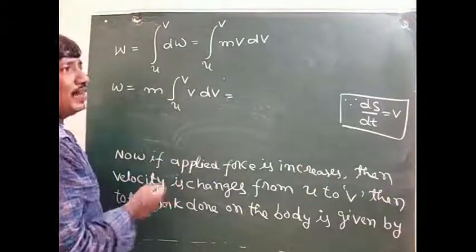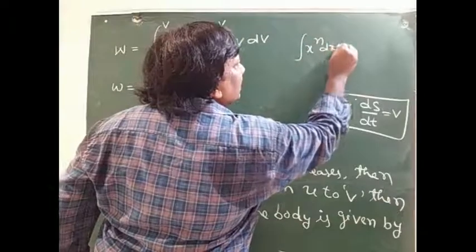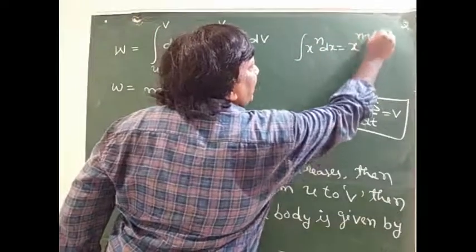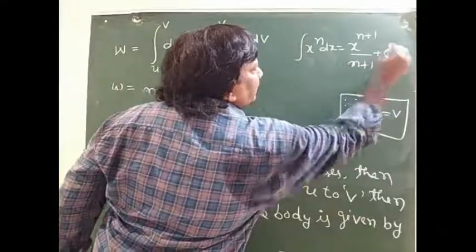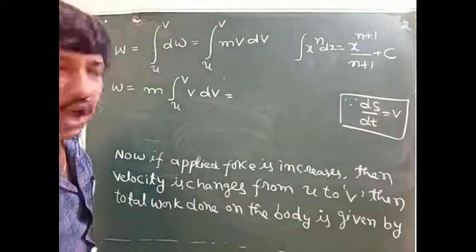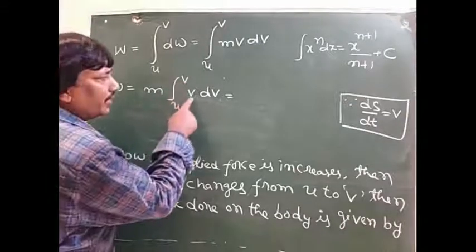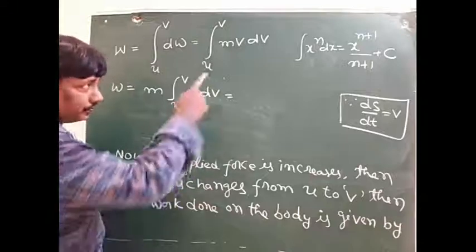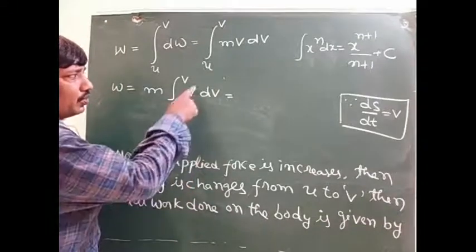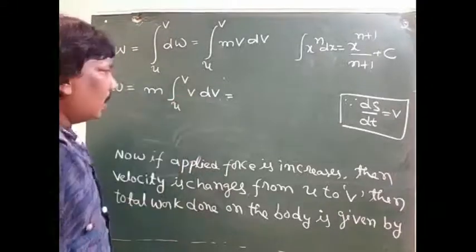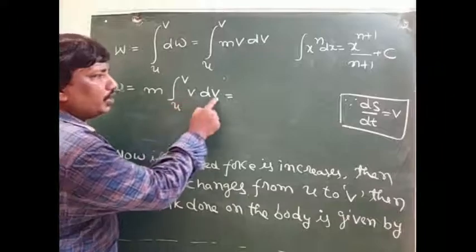We know that in integration, the integral of x power n dx is equal to x power n plus 1 by n plus 1 plus c. Here c is the arbitrary constant. So the integral of v dv means v power n plus 1 by n plus 1.